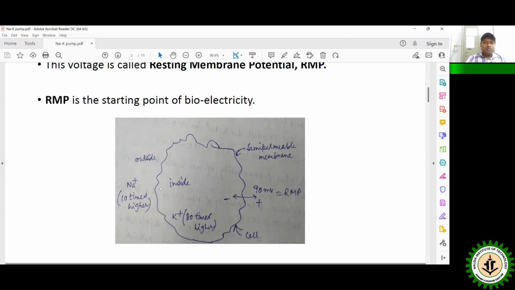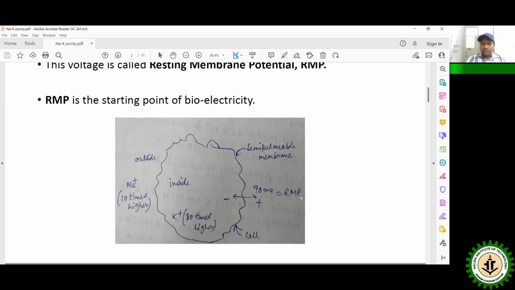Now, as you know, due to the Nernst potential, there will obviously be some voltage difference, as there is a concentration gradient between the inside and outside of this cell. Applying the Nernst equation to this concentration gradient, there is a 90 millivolt voltage difference between the outside and inside, and this 90 millivolt we call the resting membrane potential.